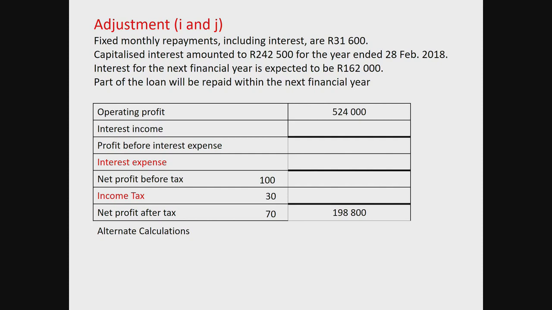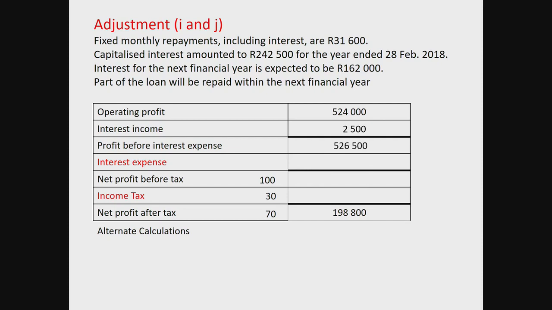Okay, so this section should go much quicker than the previous sections. Okay, and there's no adjustment for interest income, so now we can write those figures in just like that. Right. Then we just have to add. So we can write that figure in just like that.